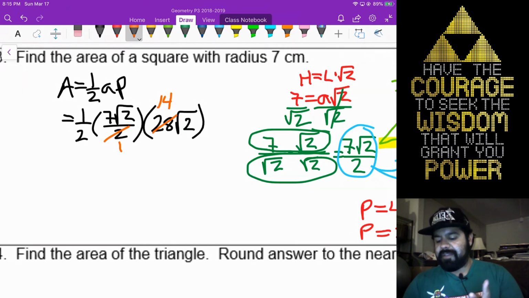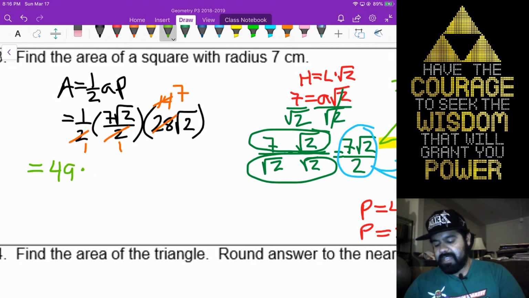But then I notice, wait, 14 I can reduce with the 2. So then that 14 becomes now a 7. Alright, so I got 7 rad 2 times 7 rad 2. So that's going to give me 49 times the square root of 4, which is now 2. So 49 times 2, 98, and then of course centimeters squared.